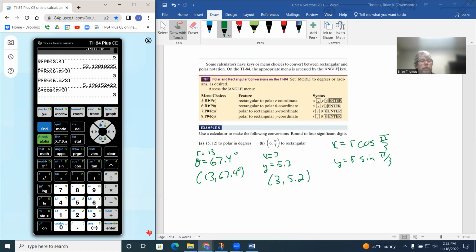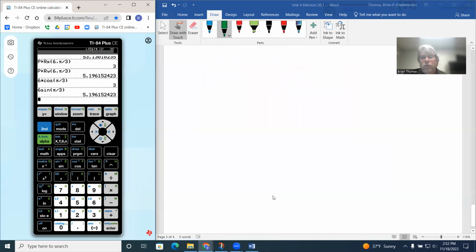And then if I do 6 sine of pi over 3, two parentheses there, that should give me about 5.2. So that actually allows us to avoid doing that by hand. We can do this with the calculator. So I hope you find that useful.